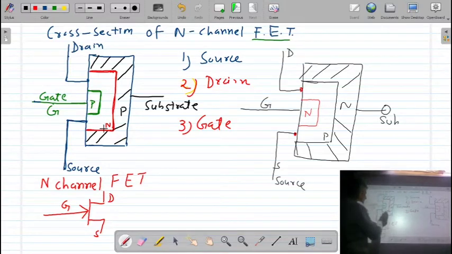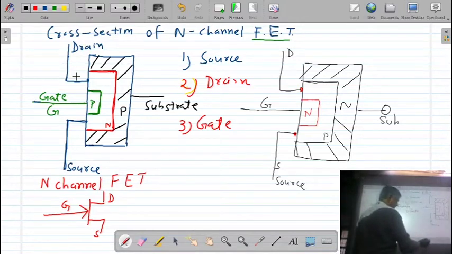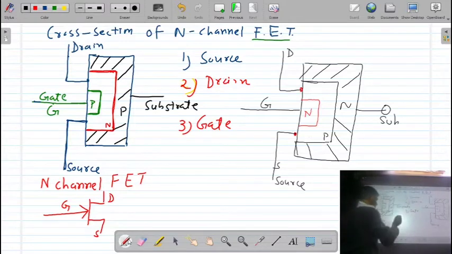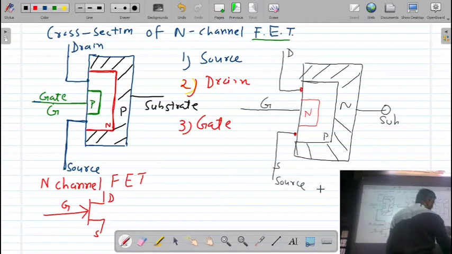Here holes will flow in this channel, through the P channel. So it is called a P-type field effect transistor, and the symbol of the P-type field effect transistor is shown in the figure.